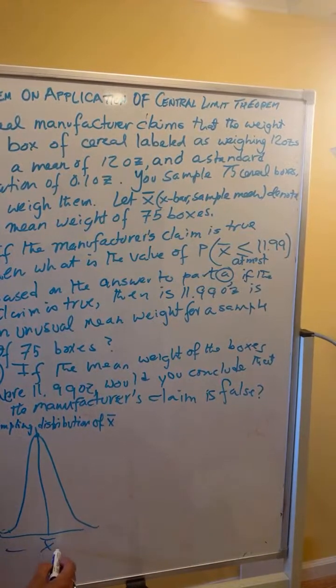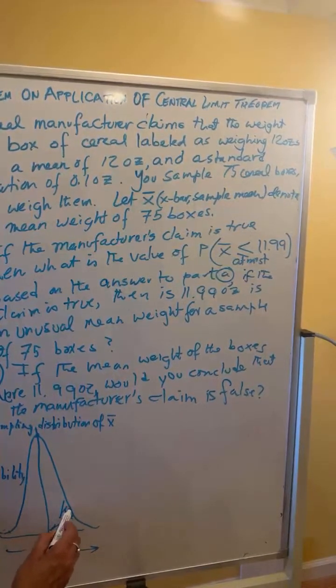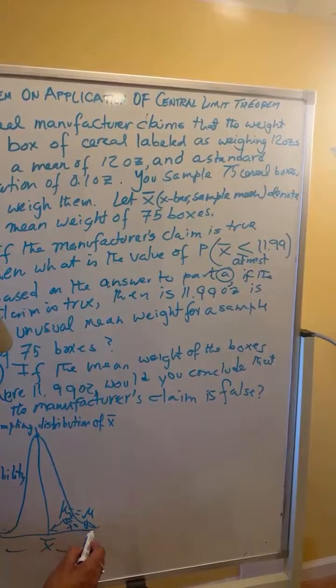You have x bar on the horizontal axis and probability on the vertical axis, so it's a probability density curve. By the central limit theorem, mu x bar equals mu, and the standard deviation of the sampling distribution, sigma x bar, is sigma divided by square root of n.